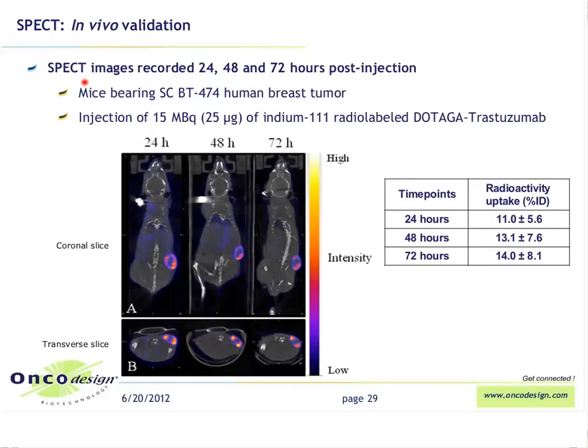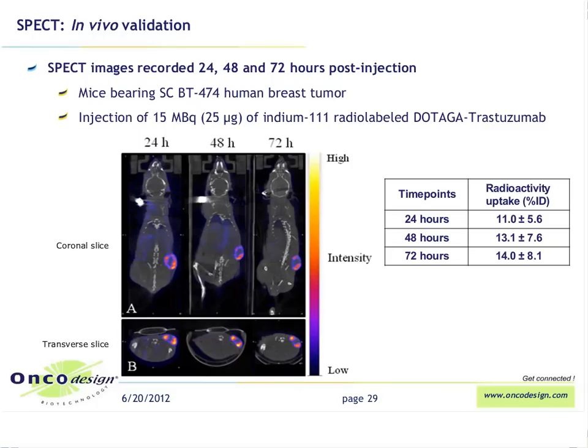SPECT imaging was collected after 24, 48, and 72 hours using the BT474 subcutaneous breast model, again overexpressing HER2, after a single injection of indium 111 trastuzumab.